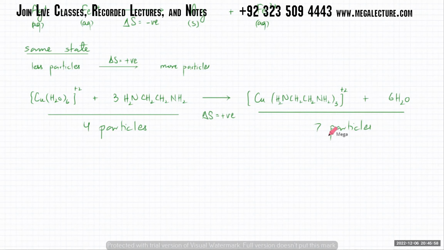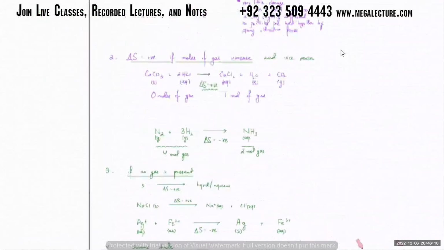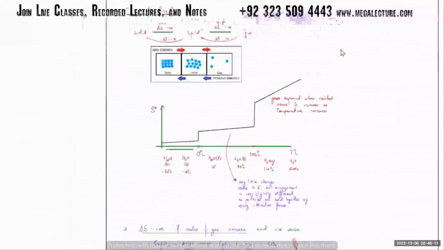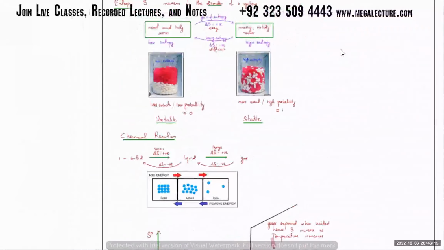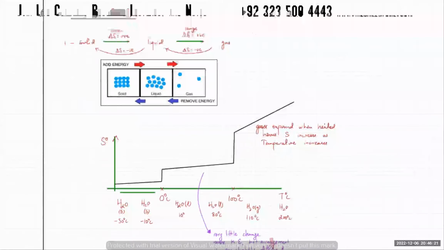Okay? Where this reaction is from and why it happened, leave that aside too. Just figure out that the number of particles are increasing in this reaction. So the delta S happens to be positive. Okay? So is all of this clear? Yes. And the important thing is just remember that gases have a lot more disorder compared to solids and liquids.